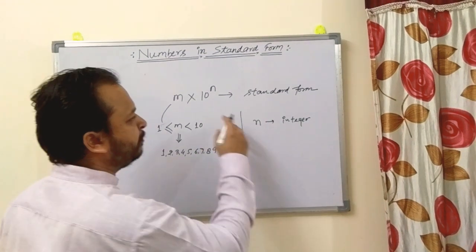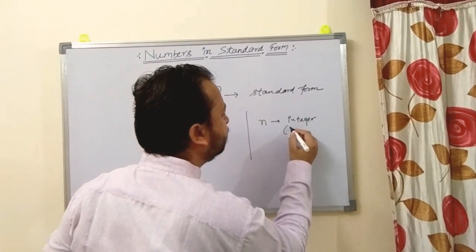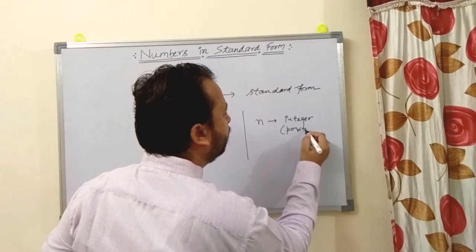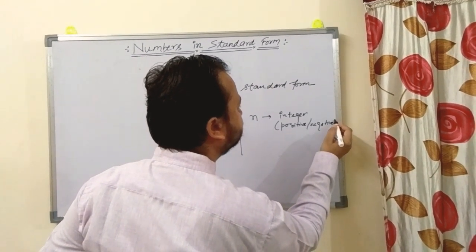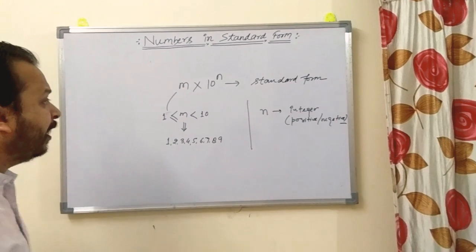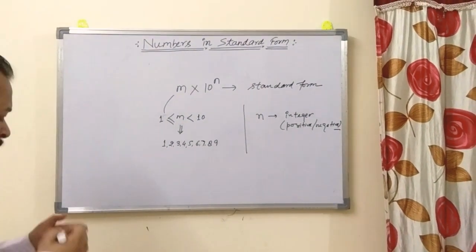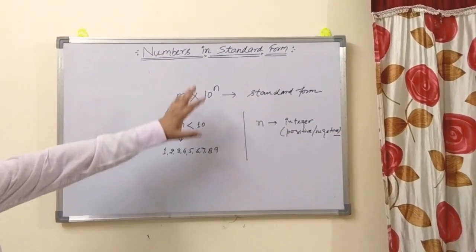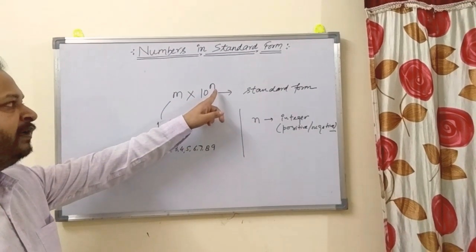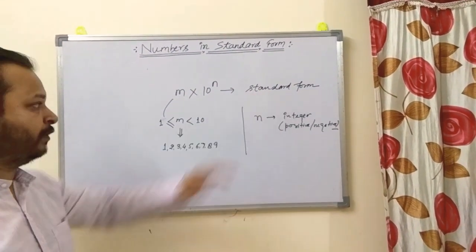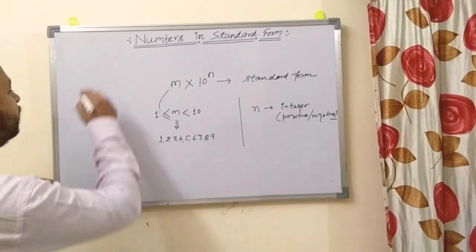It can be either positive or negative, right? So any number which is written in the form of m into 10 to power n is known as standard form. Let's take an example.